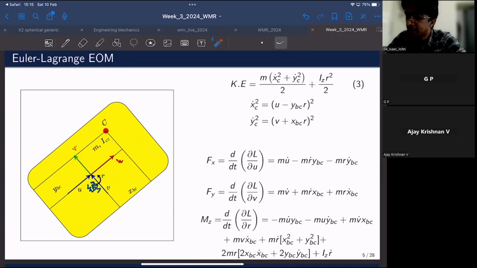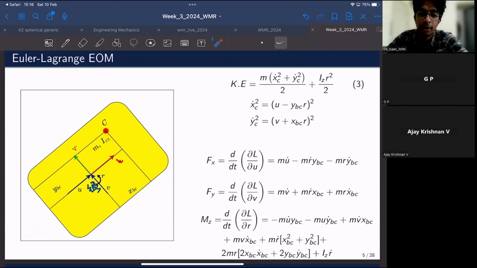So if that is the case, how will you define the kinetic energy of the system? As you can see with this diagram, the center of mass is displaced xb units along the x-axis, and it's also displaced by yb units along the y-axis. So the coordinates are xb and yb.